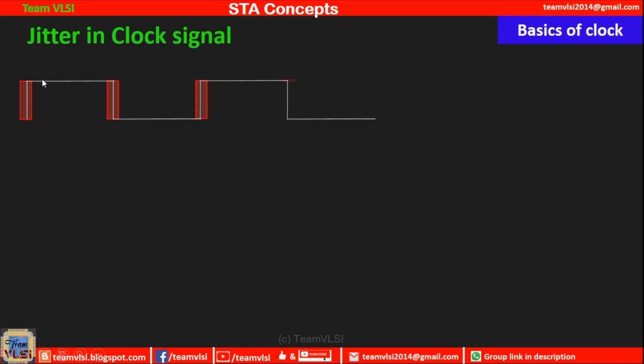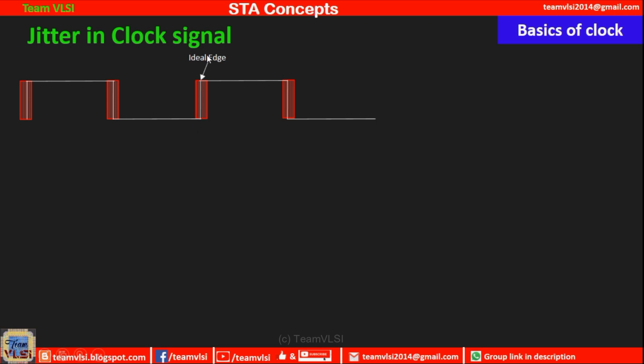In reality, your edge may vary from where it should ideally occur. This is due to the non-ideality of the PLL. It can't be ideal, so the exact point in time at which your clock edge comes varies.